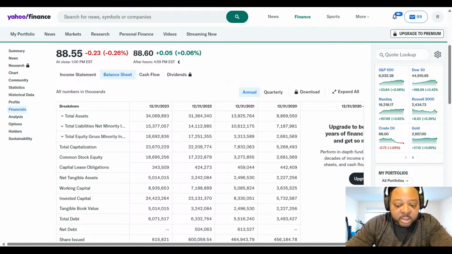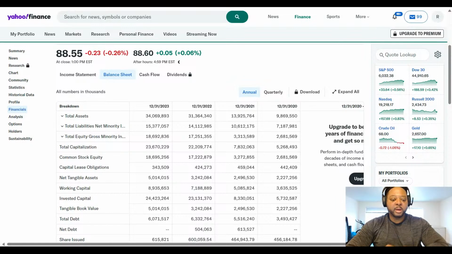So assets minus liabilities would equal the net worth for the company. They changed this. It used to be total net worth up there, but anyway, total equity gross is the equity of the company.